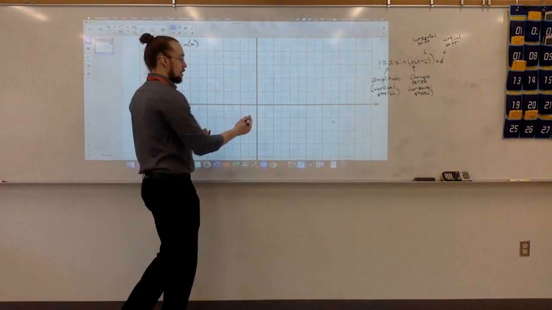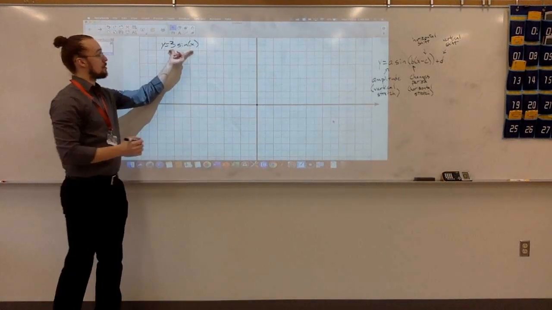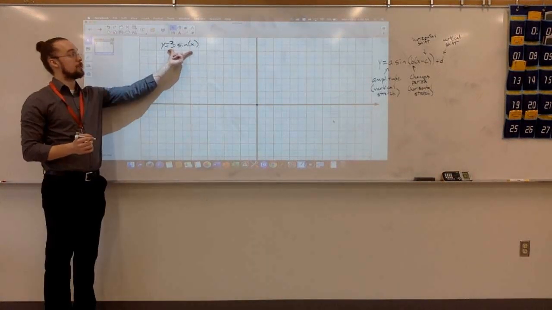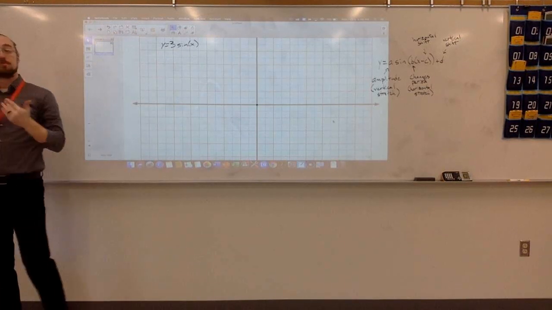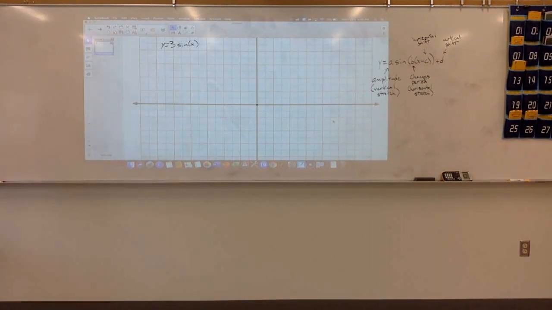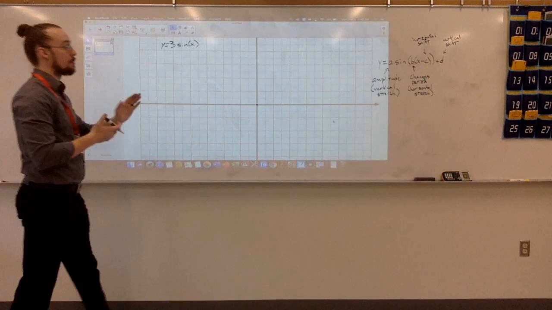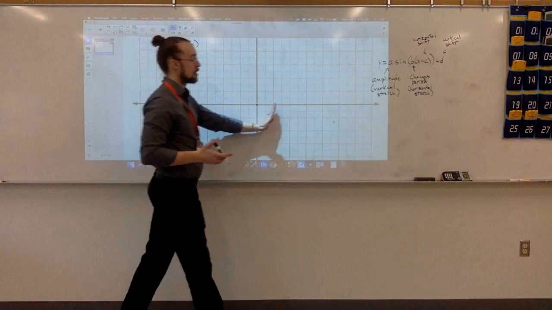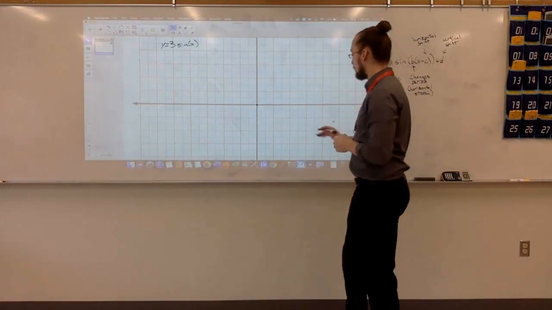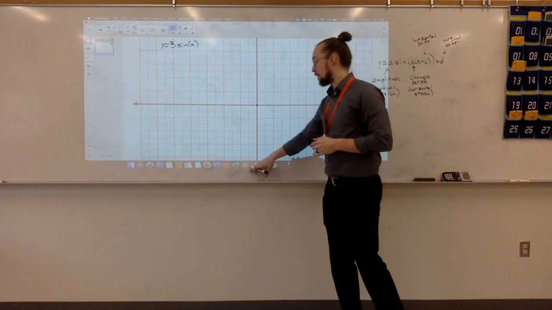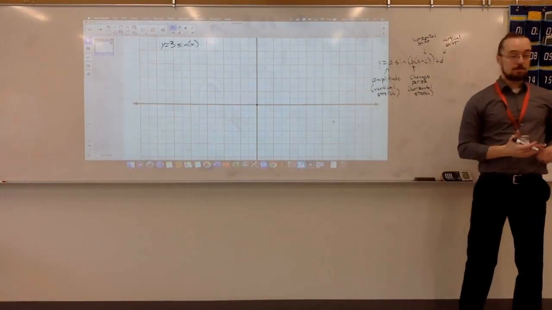The only thing that's changing from my original function to this function is the amplitude, the A value. So I'm vertically stretching it. I'm not changing anything on the x-axis. So what I can do first is lay out my key points.